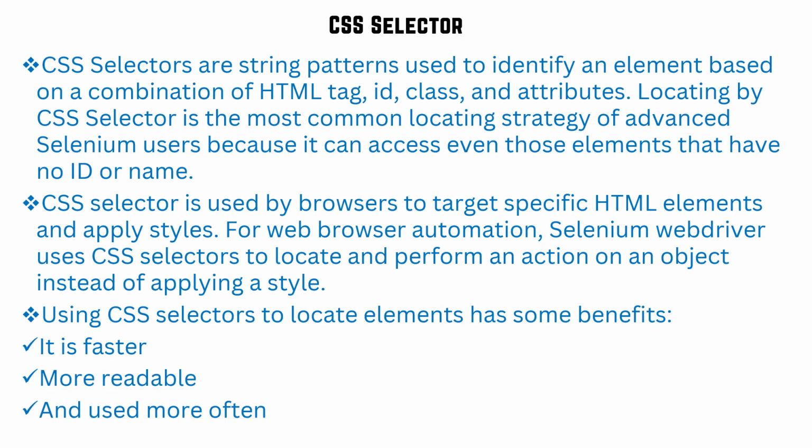CSS selector is used by the browser to target specific HTML elements and apply styles. For web browser automation, Selenium WebDriver uses CSS selector to locate and perform an action on an object instead of applying style. So, what is the major advantage or benefit of CSS? It is faster, more readable, and the majority of the time you can use it. But still, some differences are there.